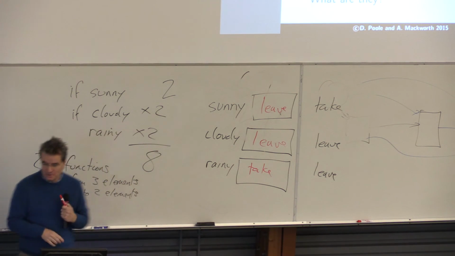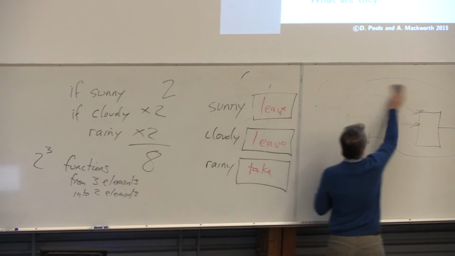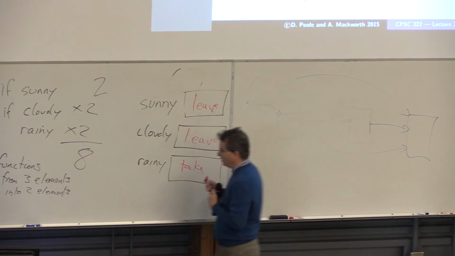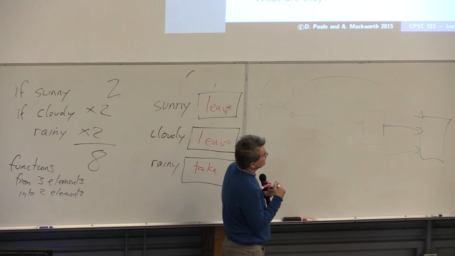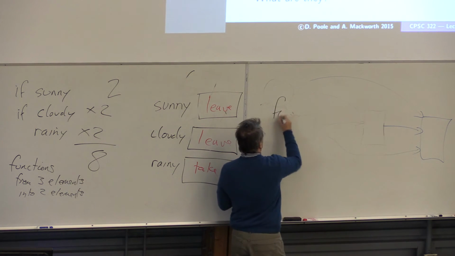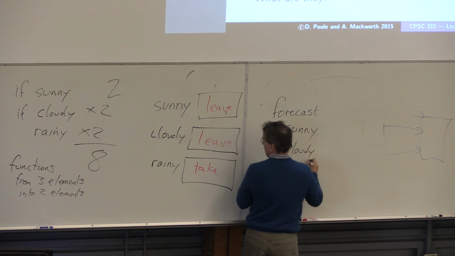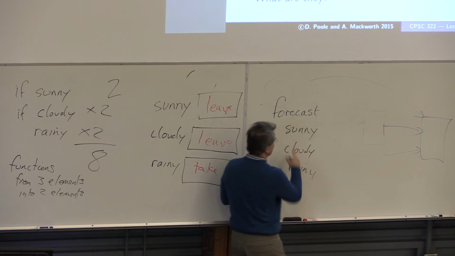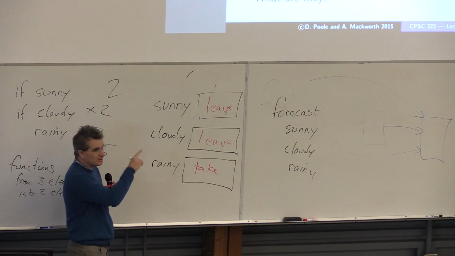But the other thing that we do is we end up with another factor when we maximize, and this factor is just on forecast. We're going to eliminate umbrella by maximizing, and we get a factor on forecast, with sunny, cloudy, and rainy. What value do I get when it's sunny?